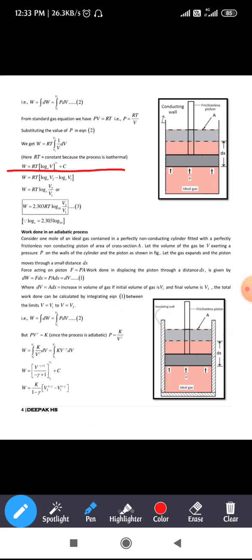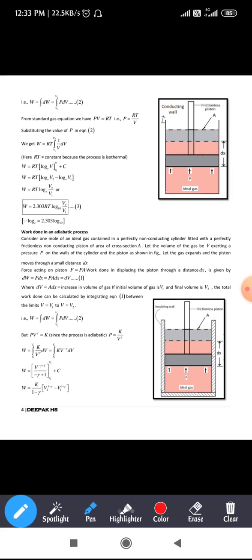So W is equal to RT log base e of V2 minus log base e of V1, substituting V2 and V1 in place of V. That can be written as W is equal to RT log base e V2 by V1.